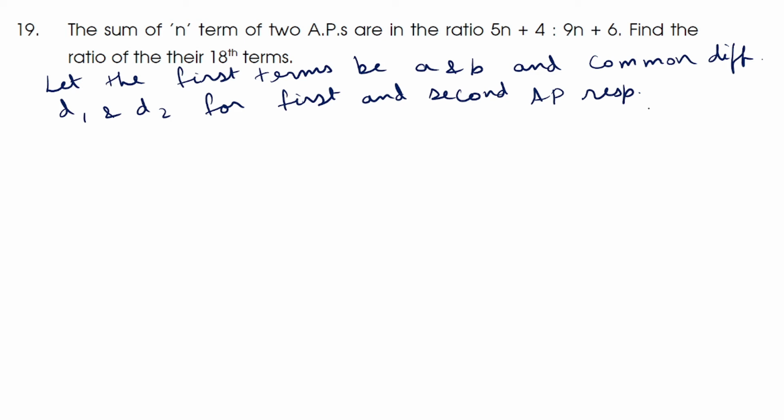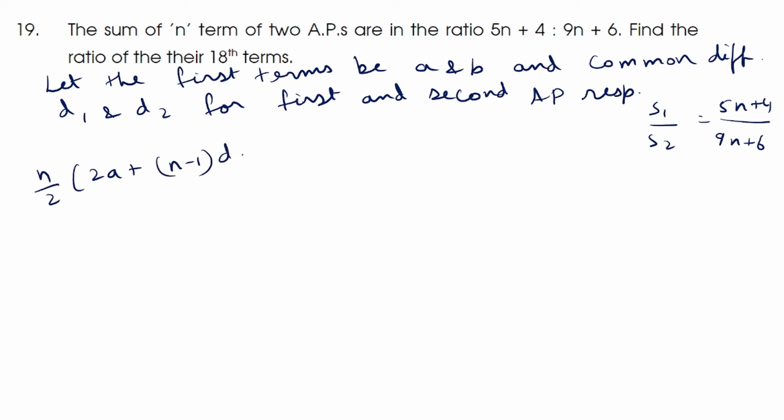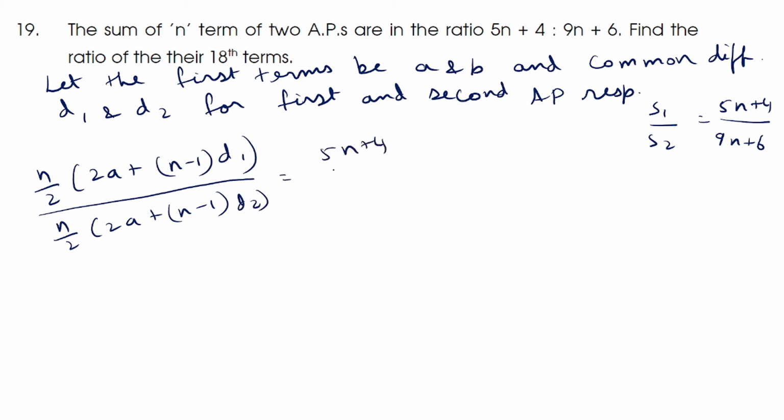So here it is given S1 by S2 is 5n plus 4 upon 9n plus 6, or we have n by 2 into 2a plus n minus 1 into D1 upon n by 2 into 2b plus n minus 1 into D2. This is equal to 5n plus 4 upon 9n plus 6.